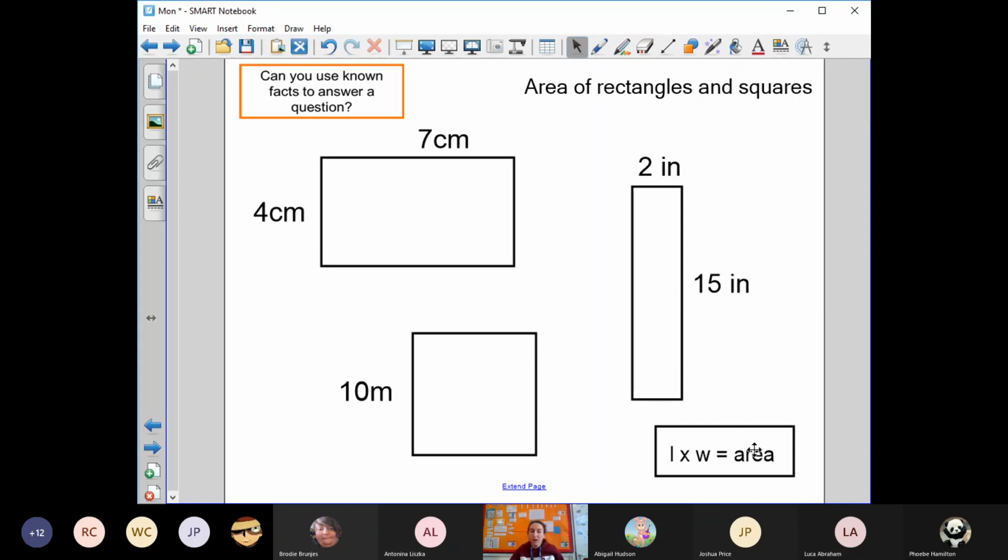Okay, so the length of this shape here is 7 centimeters, and the width, the longest bit is the length and the wide bit is the width. So to work that out, we're going to do 7 times 4, and if you think about it as this being split into 4 sections this way, and this being split into 7 sections this way, that's why we're doing length times width.